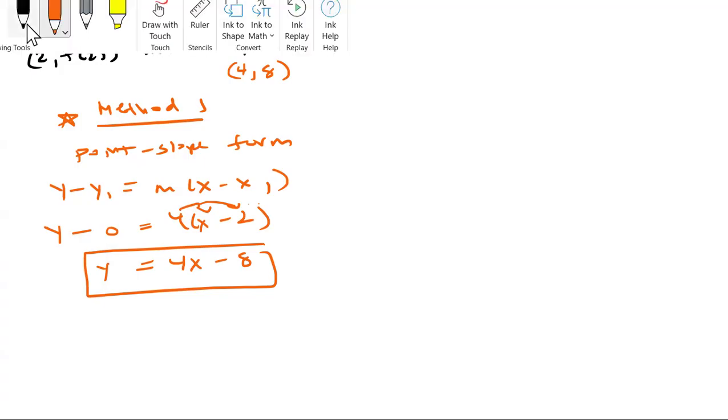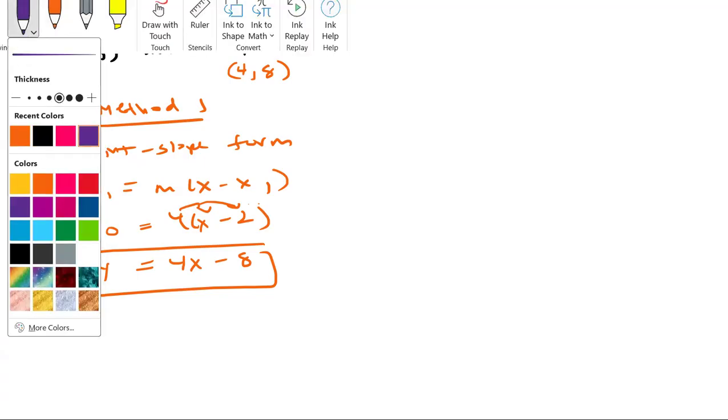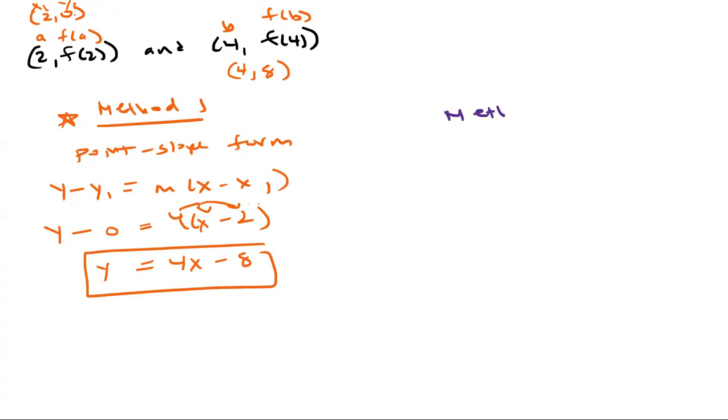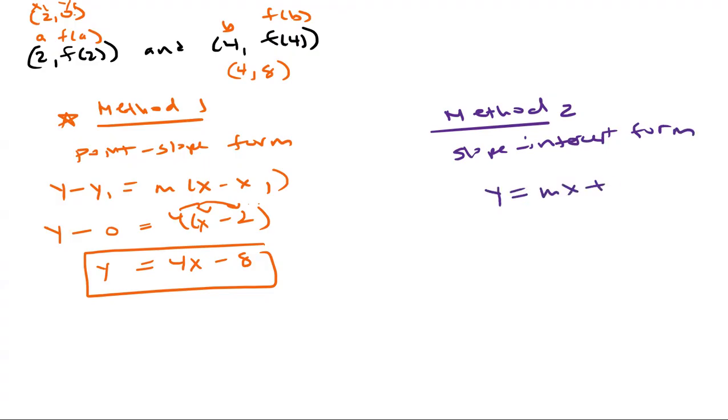So I'm going to show another method, as I mentioned before. Method 2: if you don't like that method, then you can use the slope-intercept form. That's just y is equal to mx plus b. Again, you can choose either one. I'm going to choose the (2, 0) again, because it has 0 in it, smaller numbers, easier to work with.